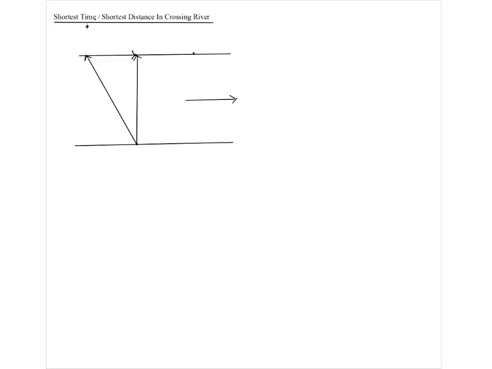Now in this problem, he wants to reach the point that is directly opposite. So which case was it actually? This or that? So shortest distance. So we have done actually both cases already.